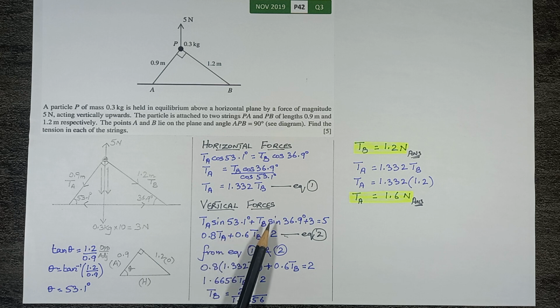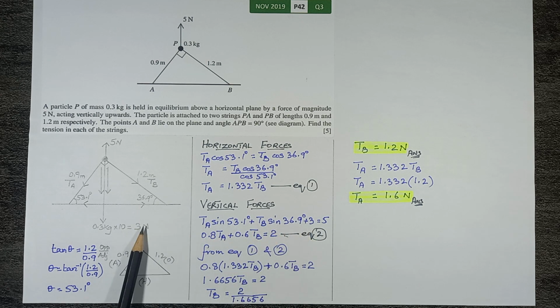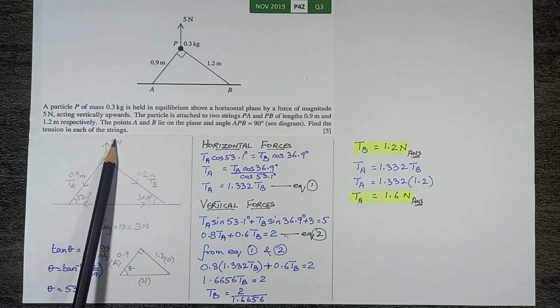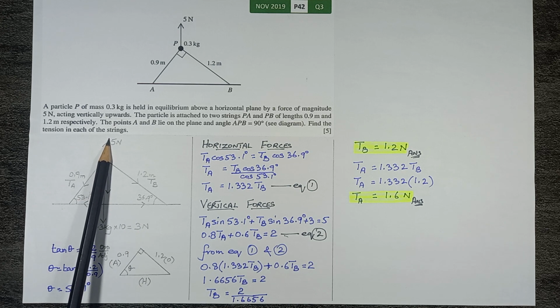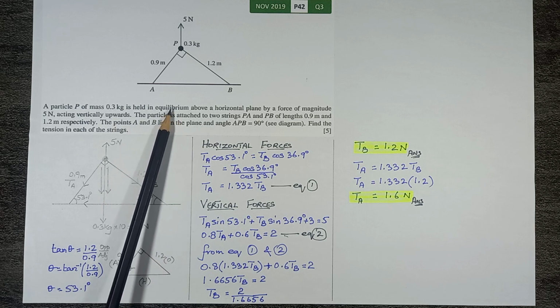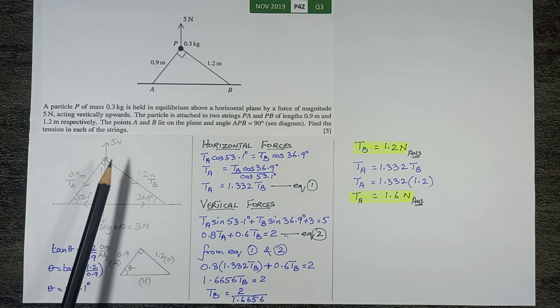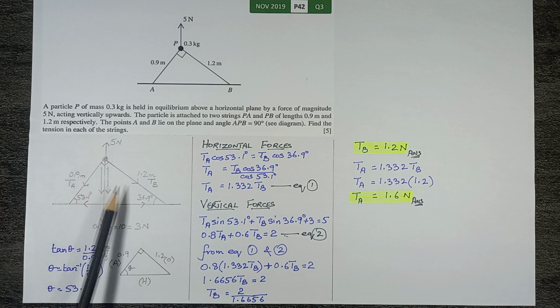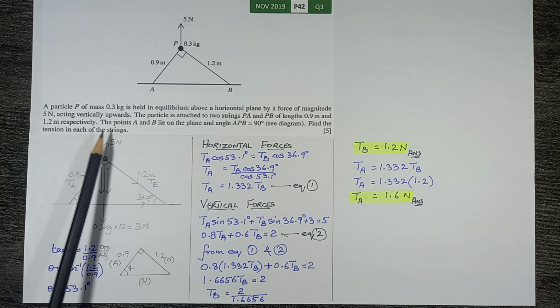So if we add all three, which is TA sine 53.1, TB sine 36.9, and plus 3, if we add them up, it would be equal to 5, because 5 is pointing upward. Why? Because of the equilibrium condition that the opposite forces are equal. So three forces downward, one force upward, so the sum of these three would be equal to 5.